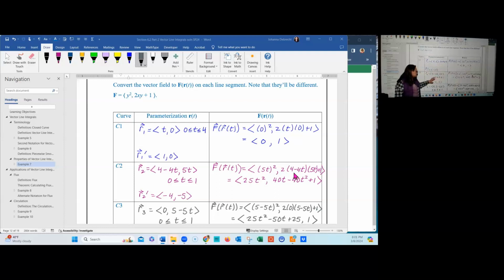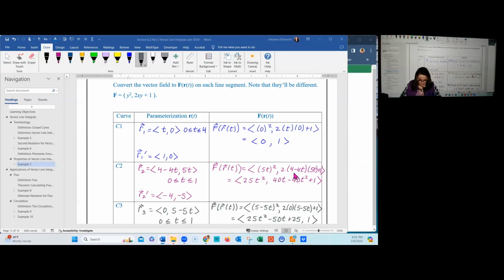In the next case, we're taking R2, the second parameterization, and we're replacing x with 4 minus 4t, y with 5t. So we square 5t, 2 times the 4 minus 4t times 5t, and then add 1 to get f of r of t for the second parameterization of 25t squared, 40t minus 40t squared plus 1.